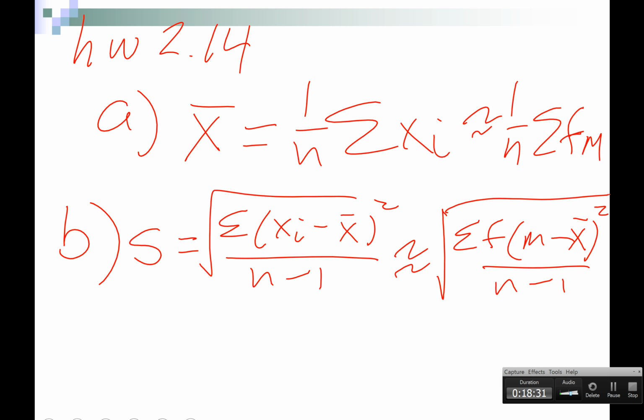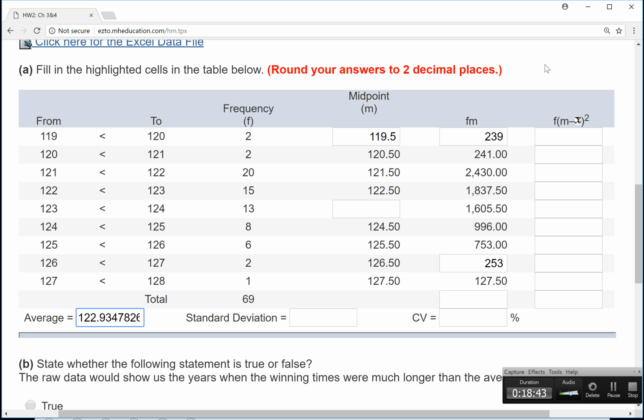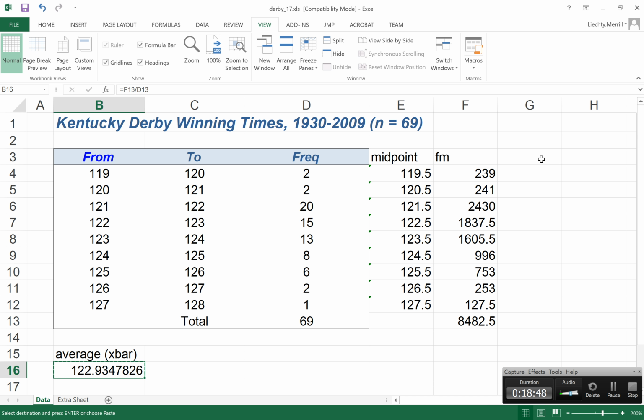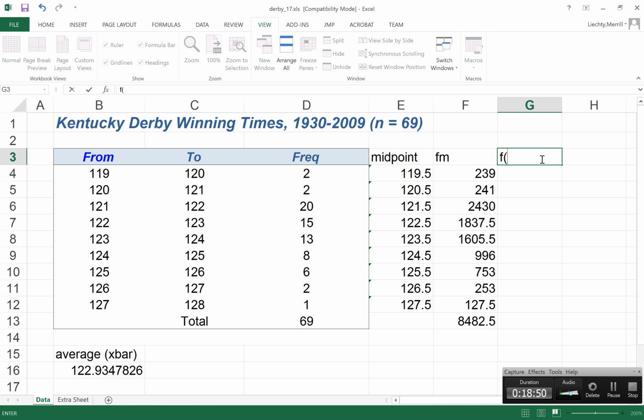So keep that in mind. We're not summing up 69 times in both of these. But nonetheless, I need to get this quantity f times m minus x bar, and they give us the formula right here.